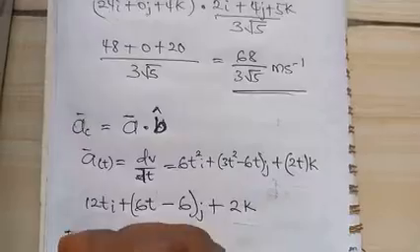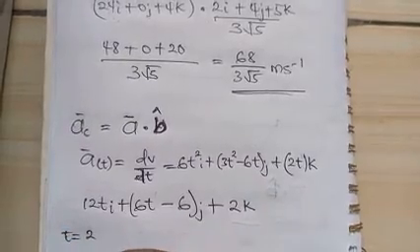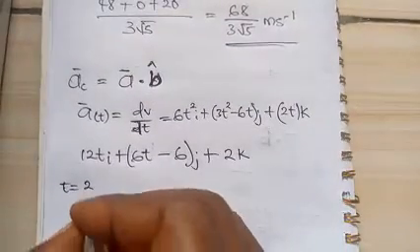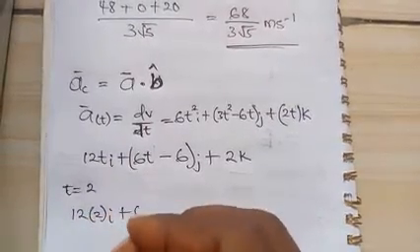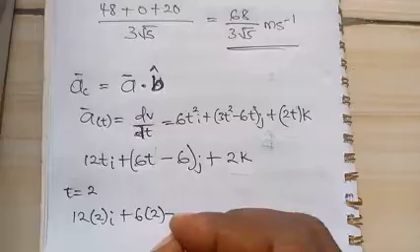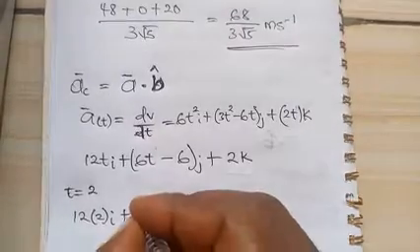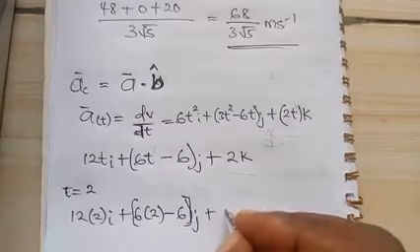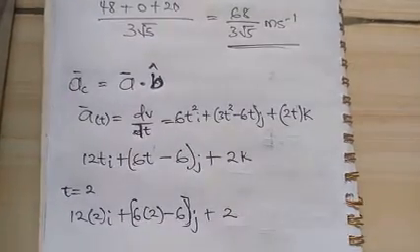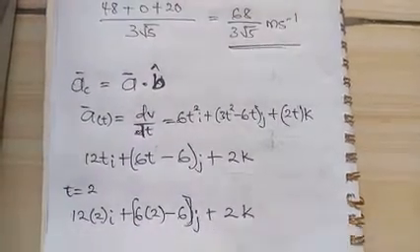Now where t is equal to 2, we'll have 12 into 2 i plus 6 into 2 minus 6 j plus 2 k.